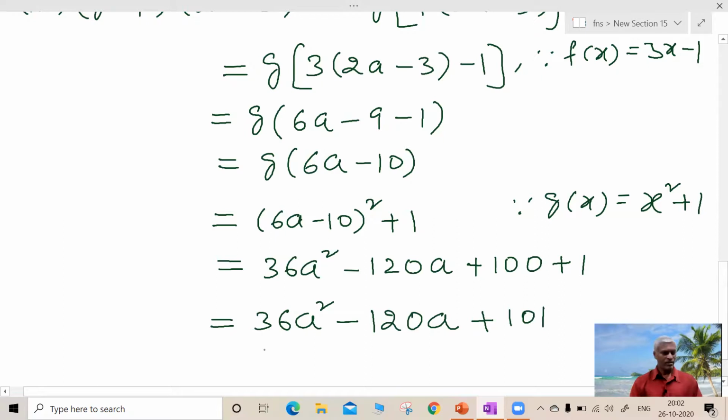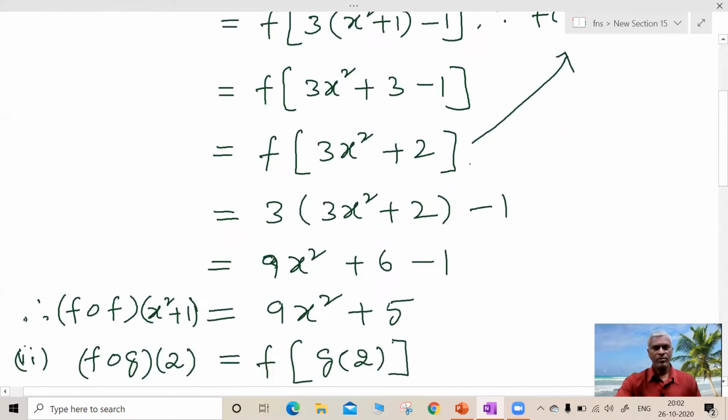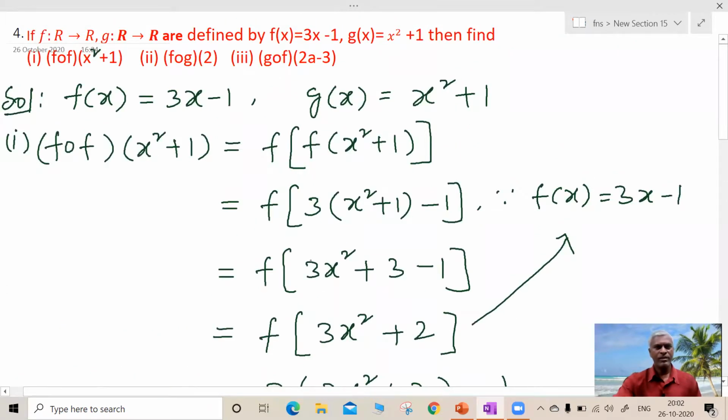So this is how we find these composite functions. Very easy. If you practice more number of problems, it will become very easy for you.